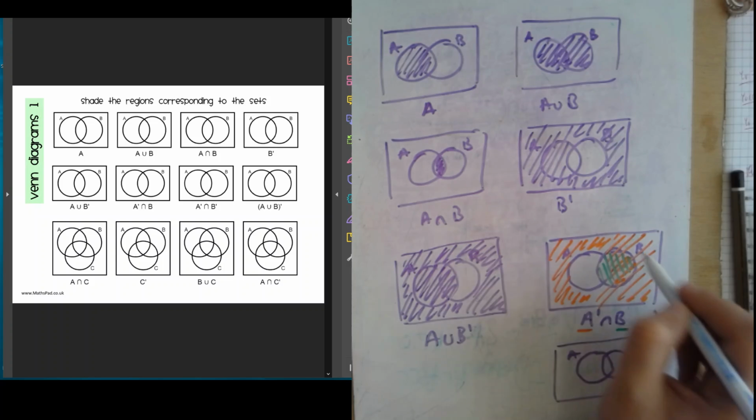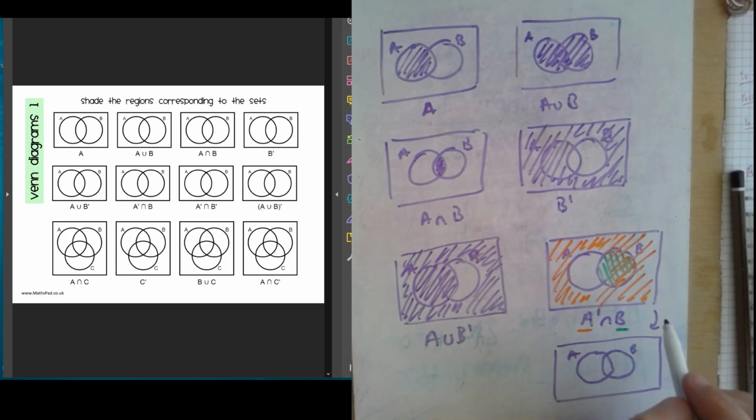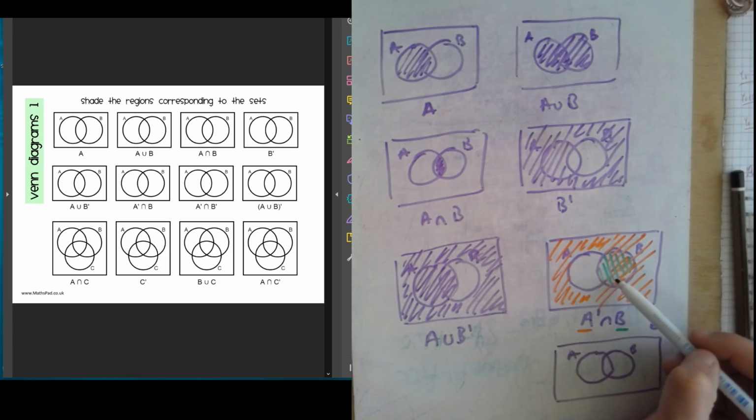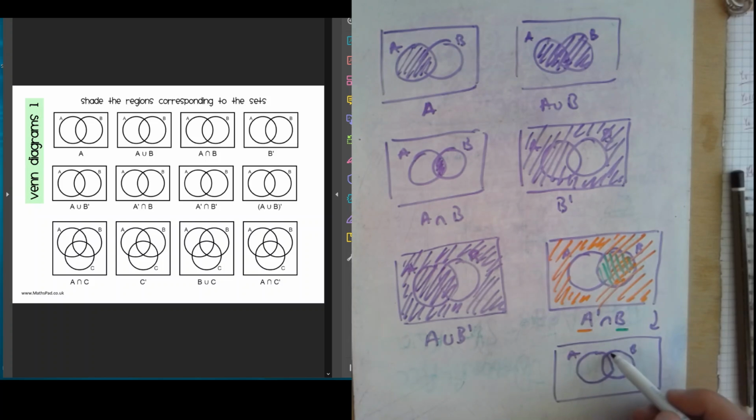This outside section is just orange, so I don't want that section either. So I'm going to leave this one, I'm going to leave that, and I'm going to leave that. But you'll notice this section here has both green and orange in it, so I'm going to highlight that. And so this is not A and B.